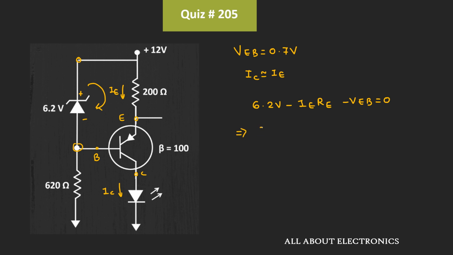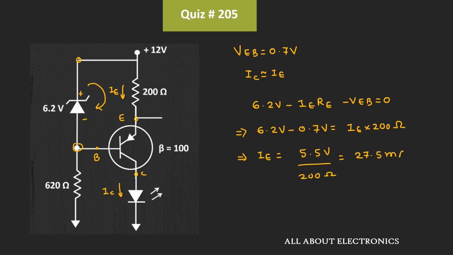That means we can say that 6.2 volt minus 0.7 volt is equal to IE times 200 ohm. That means emitter current IE is equal to 5.5 volt divided by 200 ohm, that is equal to 27.5 milliampere.